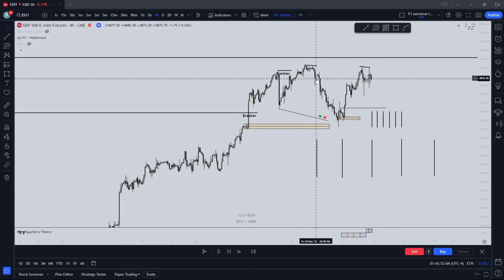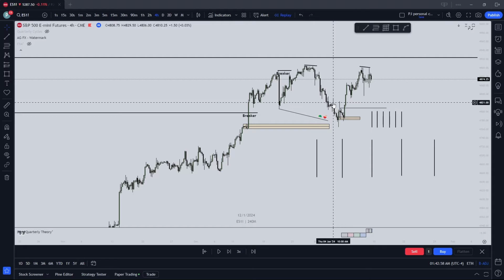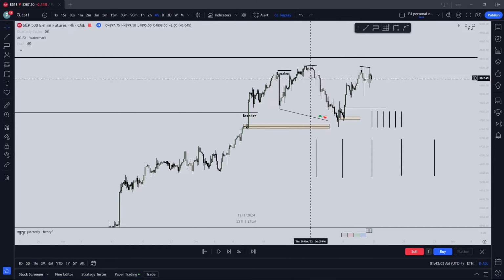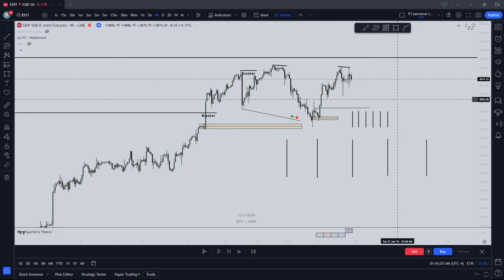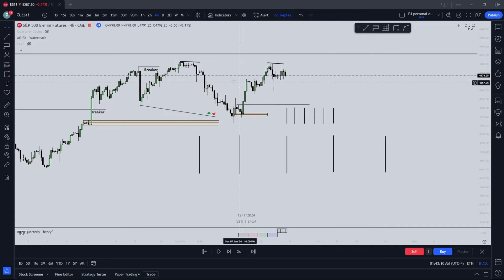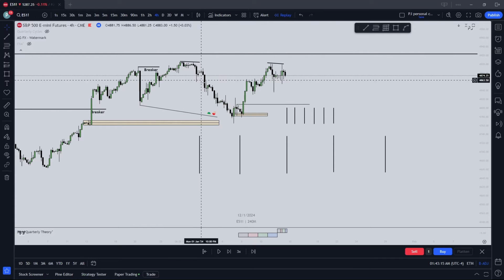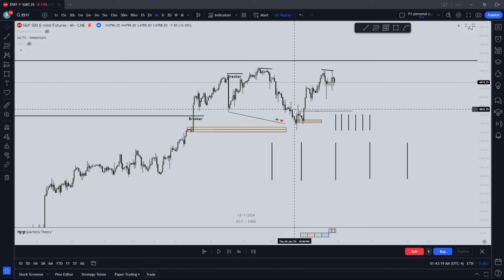Also see our lower time frame accumulations as price is fractal. We have our accumulations, accumulation, accumulation, accumulation, higher time frame accumulation, right? So we have our first day of the month, retracement, expansion, retracement, expansion, right?